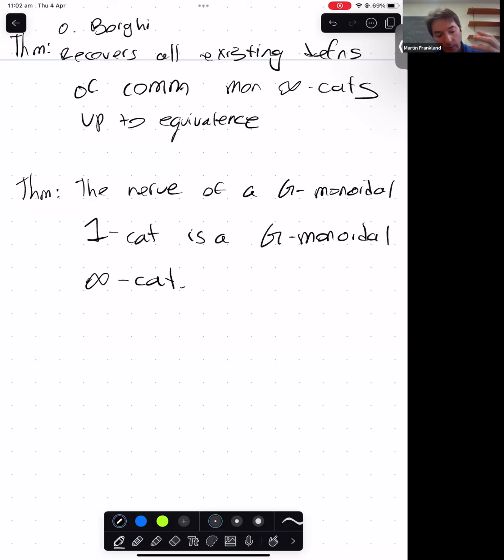I see. I'm not very familiar with the Duskin nerve. I've heard the words, and the explanation you gave is perfectly fine. Just take the nerve of each mapping groupoid, which is now category enriched in Kan complexes, and take the homotopy coherent nerve. I was wondering, very naively, looking at a groupoid enriched category, can I instead look at the groupoid enriched nerve? That's now a simplicial groupoid, having the original objects, then morphisms, and then morphisms cross morphisms over objects and all that.